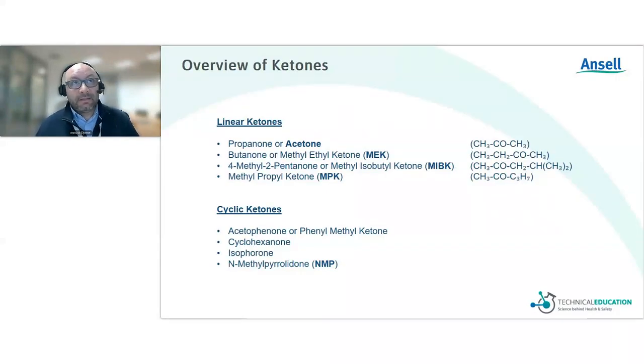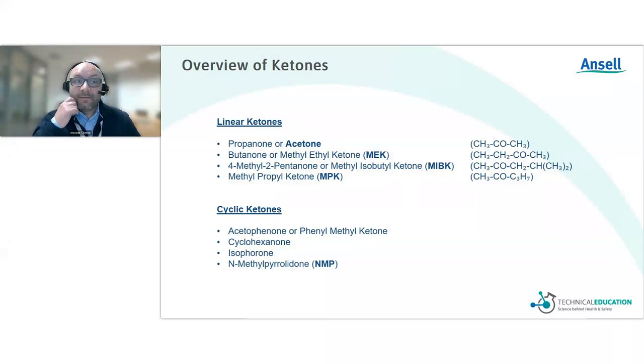I mentioned that the ketones can be found as linear or cyclic. Here are some examples of the linear ketones: acetone, the MEK, methyl ketones, MIBK and MPK. Among the cyclic ones, what I would like to highlight is the NMP, N-methyl pyrrolidone.